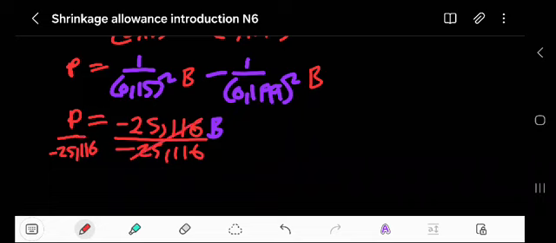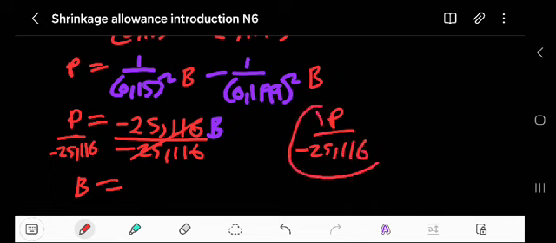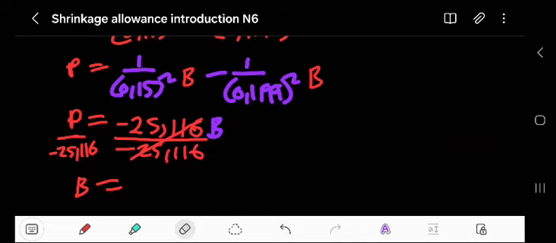You'll get b to be equal to what? Remember, the p divided by minus 25,116, this is the same as this one there. You simply just punch 1 over minus 25,116. Then there's p there if you know your maths, right?